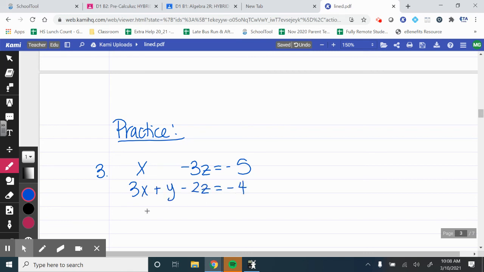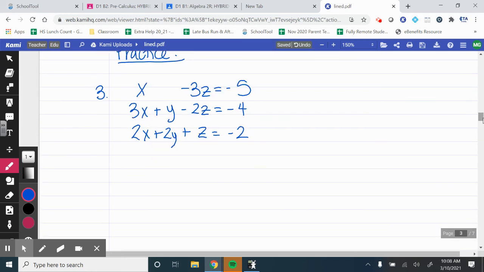Now, when you're setting up your matrix for this one, because there's nothing in here for the y, in your original matrix you just put in a 0 for that. So it would be 1, 0, -3, -5 for that first equation.